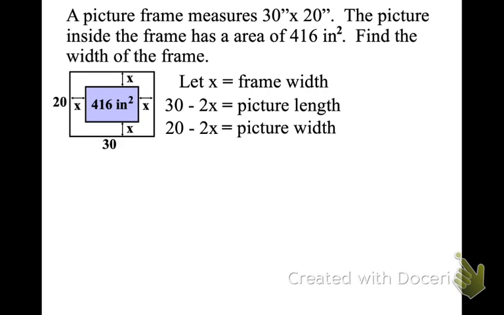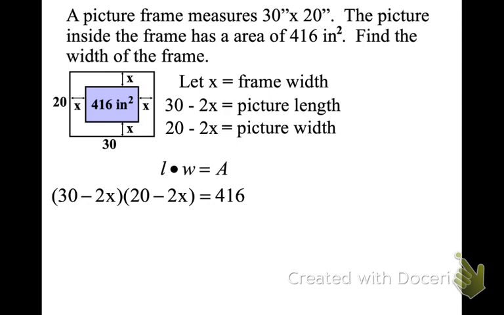So we now know what the length is. We have a temporary name for the length and a temporary name for the width. And we have the area. So let's set up an area problem for a rectangle. Length times width equals area. So I substitute in. My length is 30 minus 2x. My width times the quantity of 20 minus 2x is equal to 416.